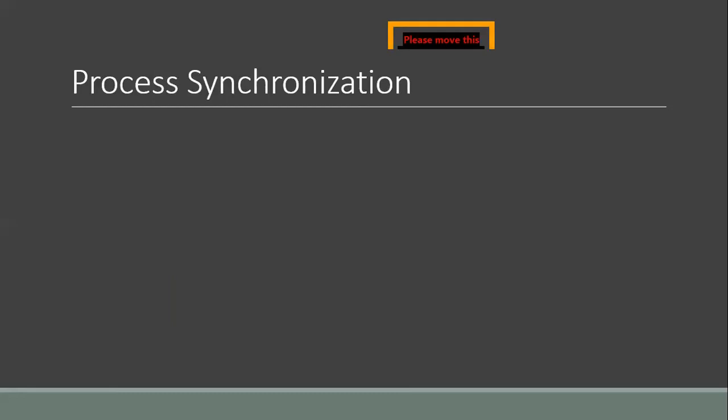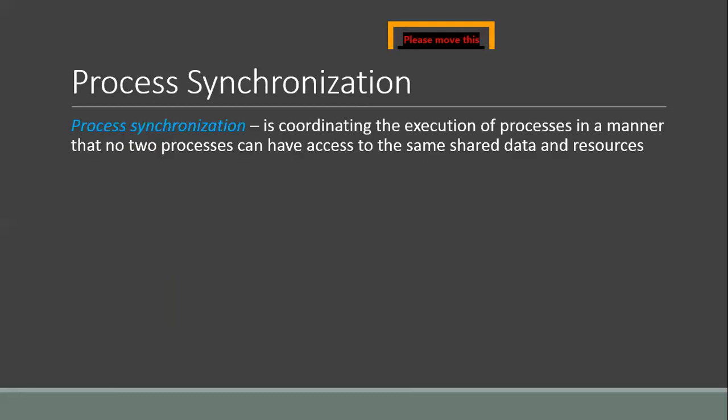We can define process synchronization as coordinating the execution of processes in a manner that no two processes can have access to the same shared data and resources at the same time.